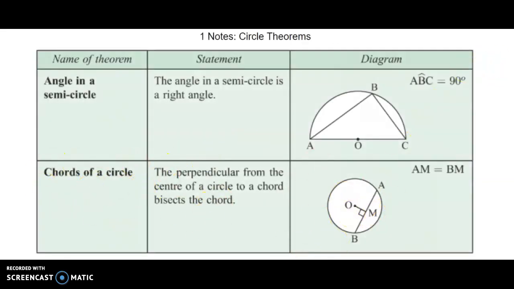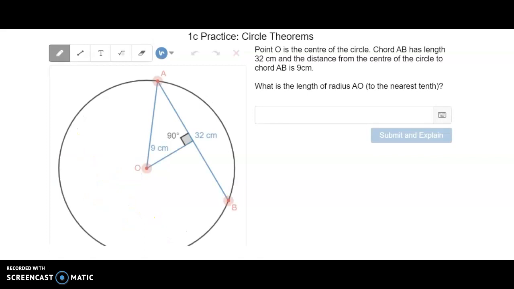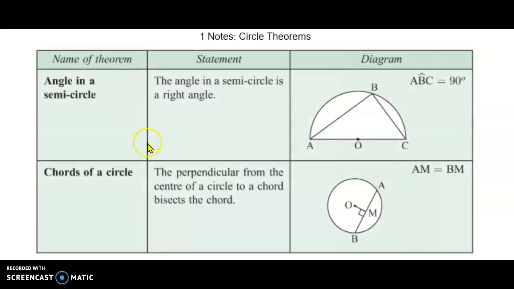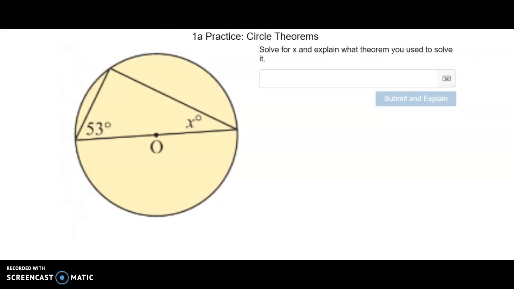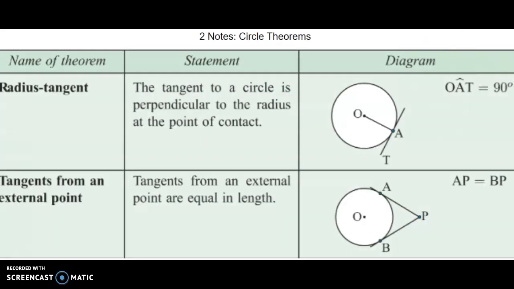This means that this is a perpendicular bisector. So you need to find the x right here. Easy peasy. You have some practice here, and just make sure you keep referring to the theorems, because I want you to always defend your answers. After you submit, explain which theorems you used.